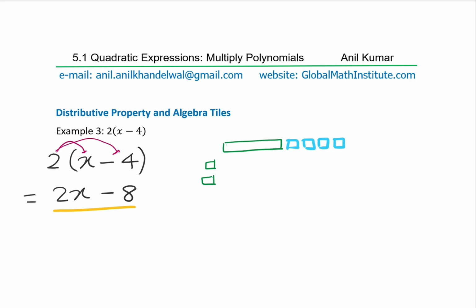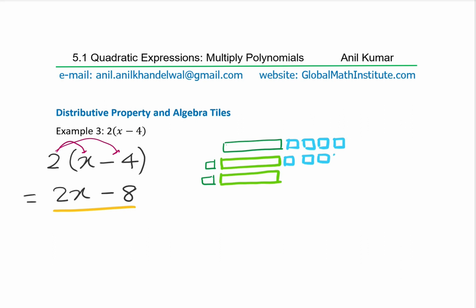And now when you multiply, remember one thing. Product of positive and positive is positive. Product of positive and negative is however negative. When you multiply same signs, you get positive. However, when you multiply opposite signs, you get negative.